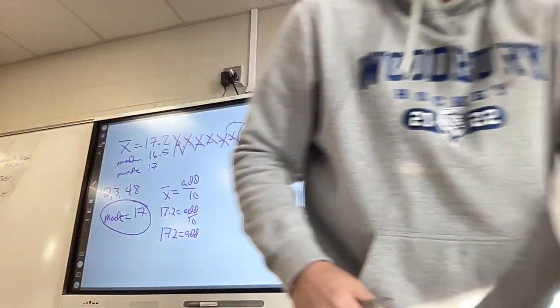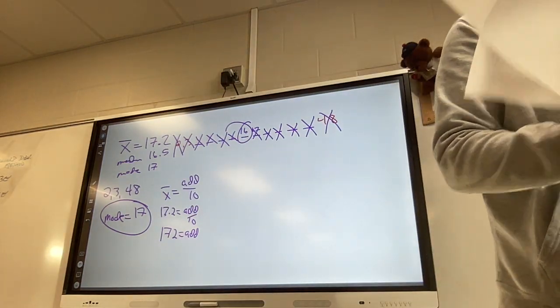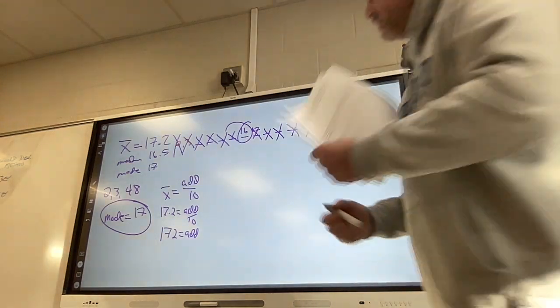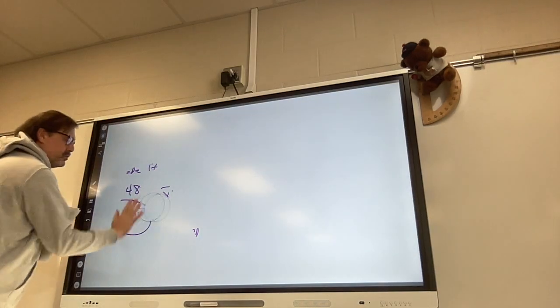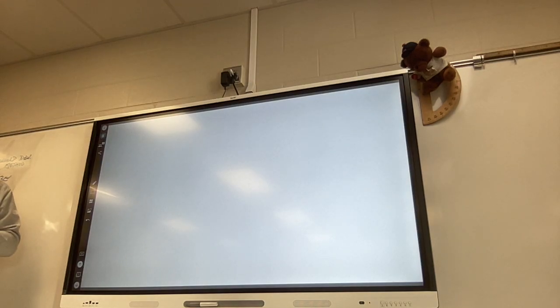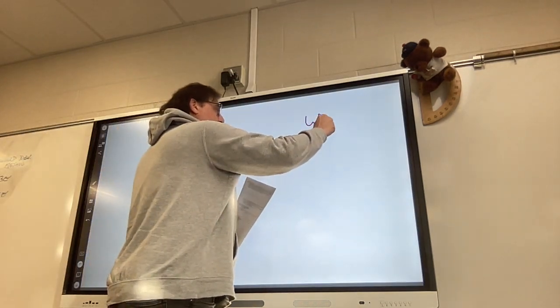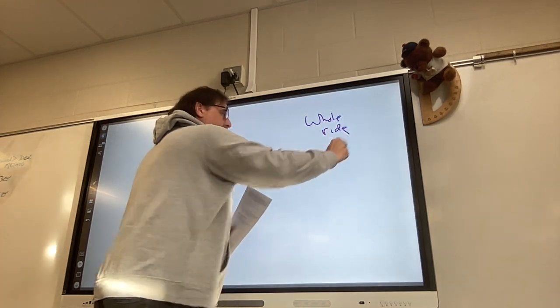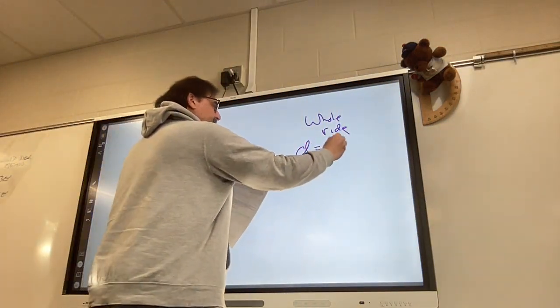Someone asked for help on number 7. You want to do an epic bike ride of 120 miles. You want exactly 6.5 hours. So the whole bike ride, distance equals rate times time.